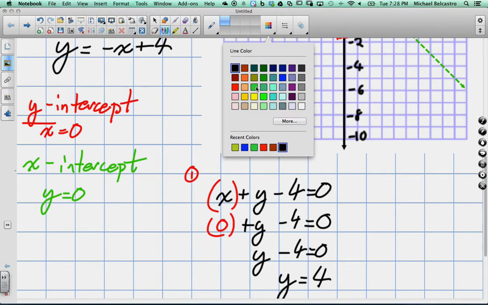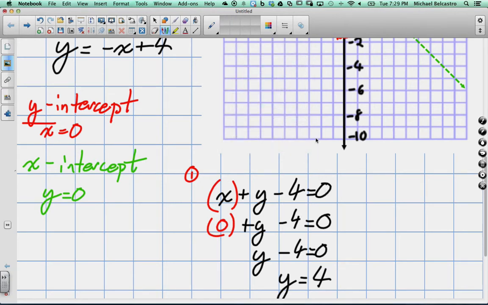The next thing we could do is find the x-intercept. So we'll call this equation 2. We write the exact same equation, x plus y minus 4 equals 0. But this time we're going to set y equal to 0 and solve for x. That will give us an x-intercept.